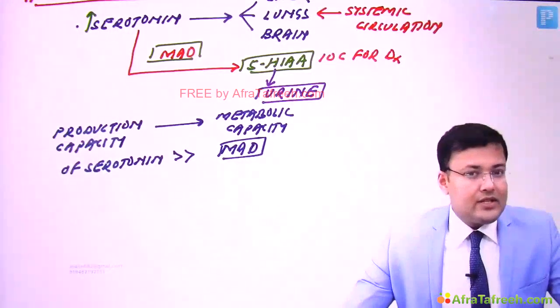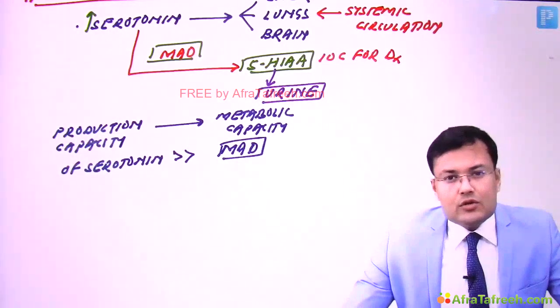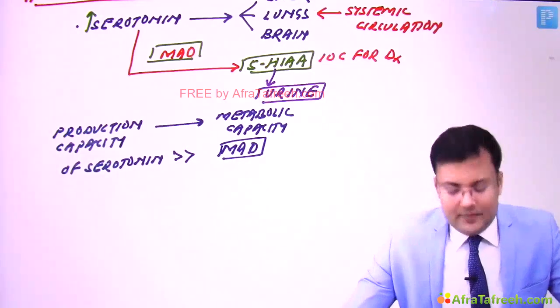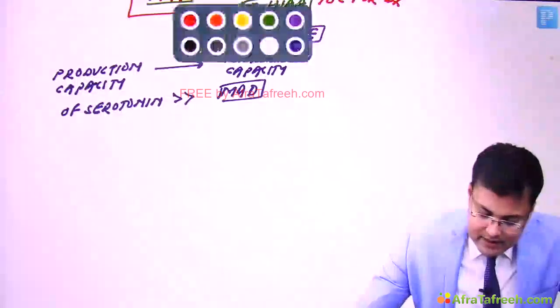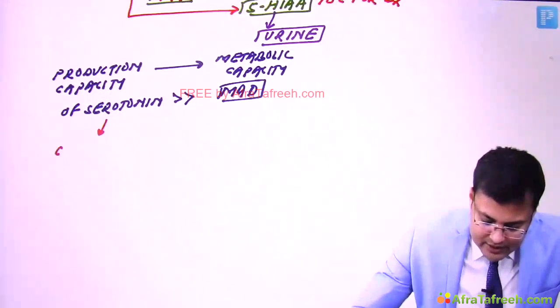And what are the manifestations of carcinoid syndrome? The most common manifestation is flushing. So these patients have carcinoid syndrome.